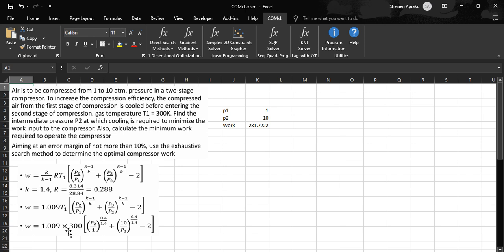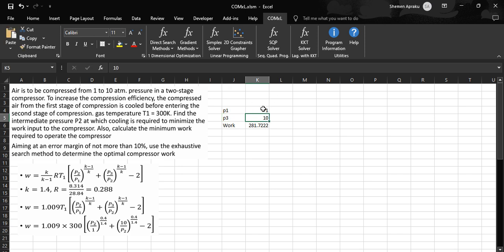So if we feed in the known variables, we have the last equation here, W equals 1.009 times 300 times this term in the bracket. So the goal is to minimize this work done, to find the pressure that causes that minimization.